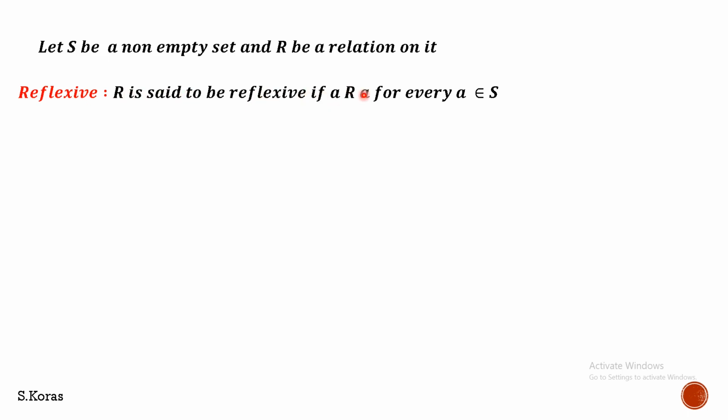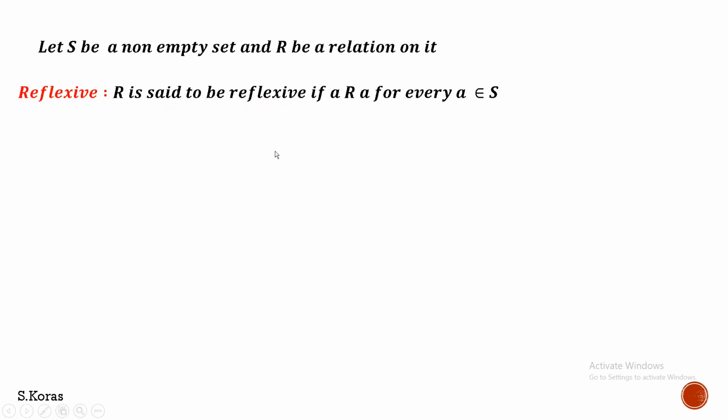For example, in a relation, if we have a number 4, 4 should be related with 4. In a relation, if we have some other particular value 7 or 10, the 7 must be related to 7. And if it is so, we can say that R is reflexive. That is, it has the property of reflexivity.